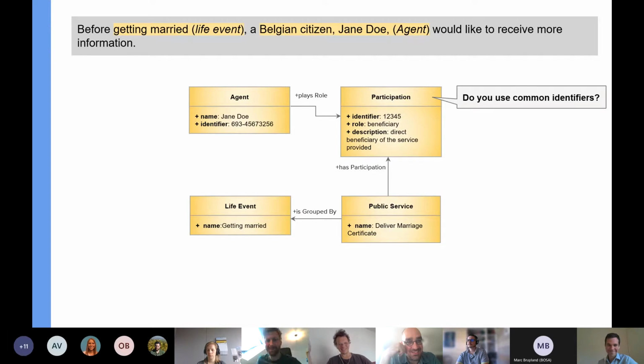In the best case scenario, you have some governance defining new roles, new types of beneficiaries, new types of participation that are also dereferenced to other public organizations doing the same type of public service.